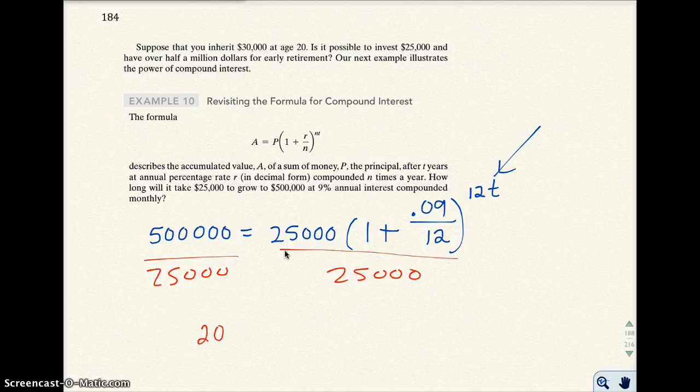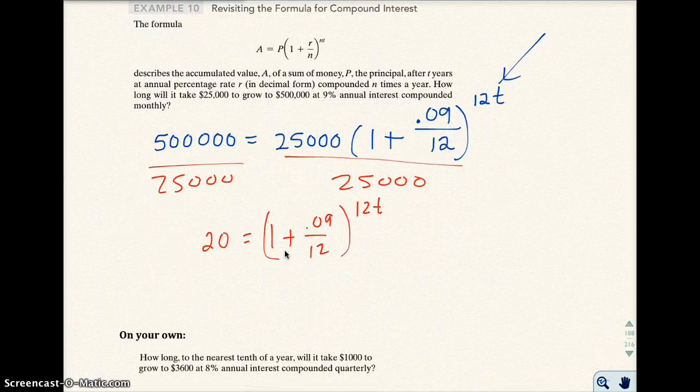The 20 equals 1 plus 0.09 over 12, raised to the 12t. Now I want to undo this exponential expression, so I'm going to take the log of both sides, or the natural log of both sides. In this case, I'm going to take the natural log because the base is not 10.